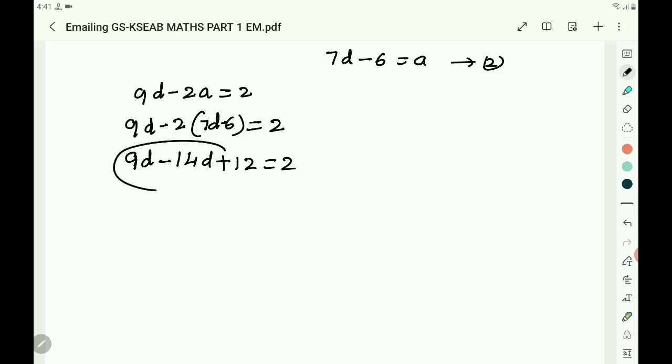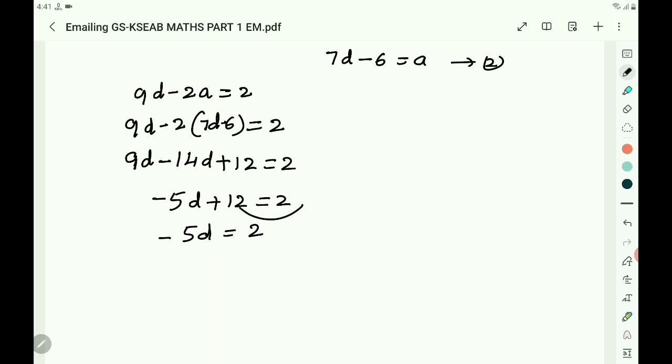Then 9d minus 14d is minus 5d plus 12 equals 2. Minus 5d equals 2, transfer this 12 to the RHS, that becomes minus 12. Then minus 5d equals 2 minus 12 is minus 10. Then 5 ones are 5, 5 twos are 10, you will get d equals 2.